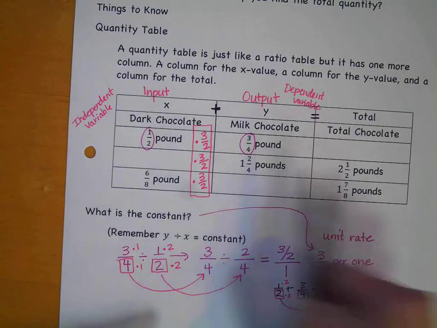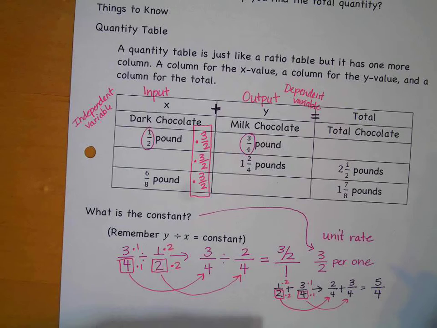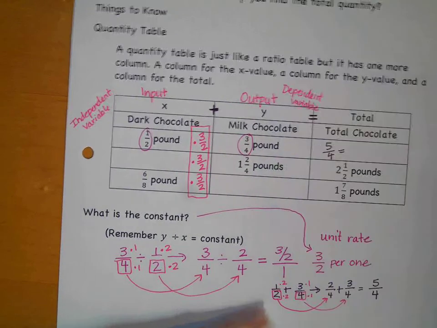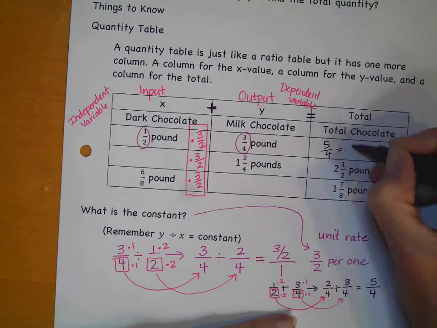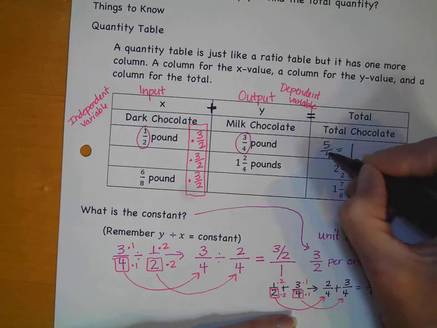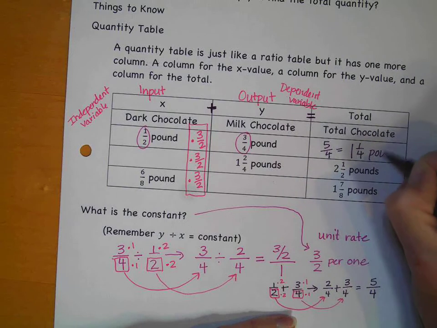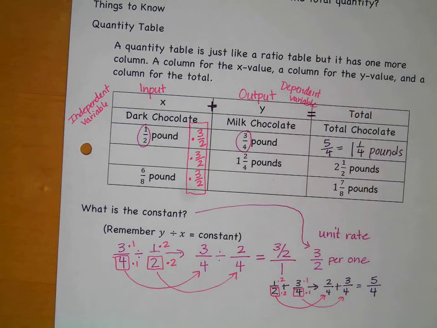And so my answer of 1/2 pound plus 3/4 pounds is actually 5/4 pound, which is the same as 4 goes into 5 one time. 5 minus 4 is 1, so my answer is 1 1/4 pounds. And that's my total. Okay? Wow, that was a lot. But not horrible. Just you got to remember all the steps.